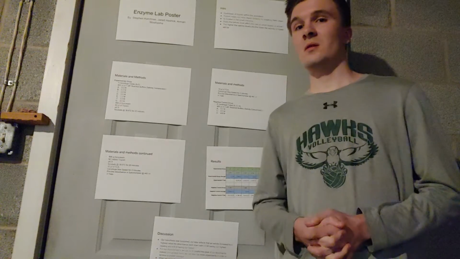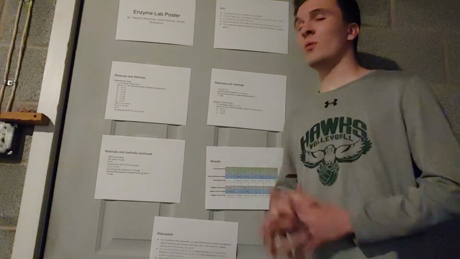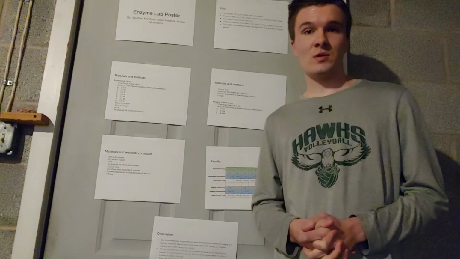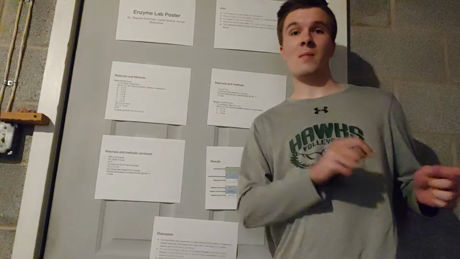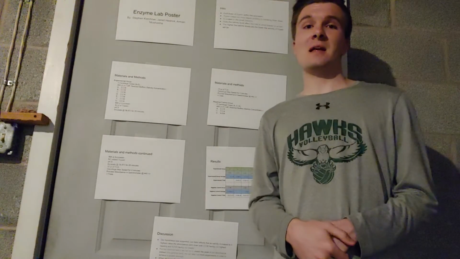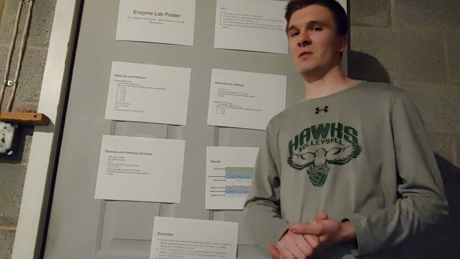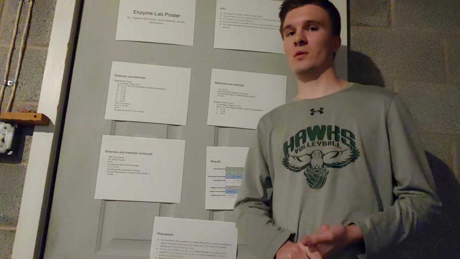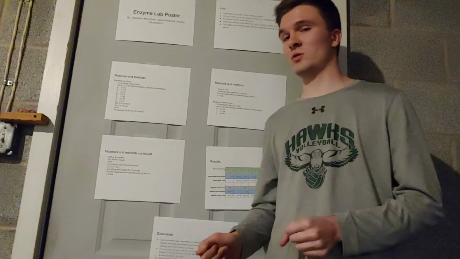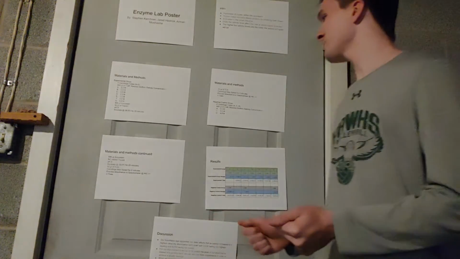So we chose 38.6 degrees Celsius for our environment, and that was due to a past experiment that another group had done where their range was roughly in the spot for the most effective environment for the trypsin as far as temperature was concerned. So that's why we used that one.